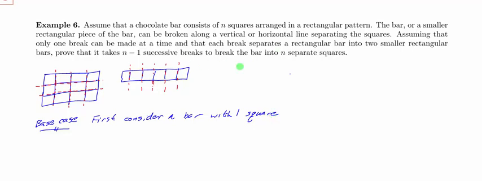Well, it's already broken up into one separate square. So it's going to take 0 breaks. And we want to show that this follows the formula. That's 1 minus 1 breaks to break that bar into one separate square.